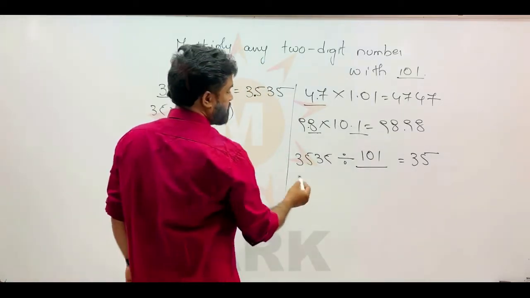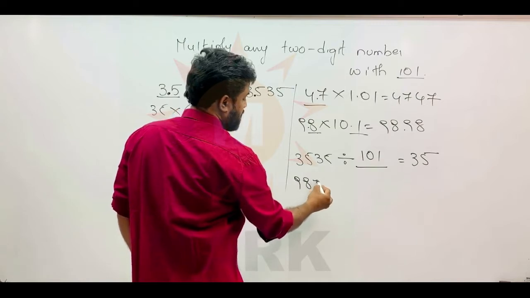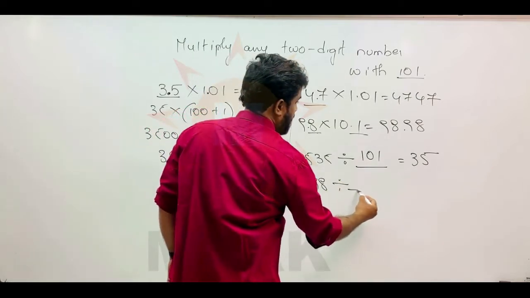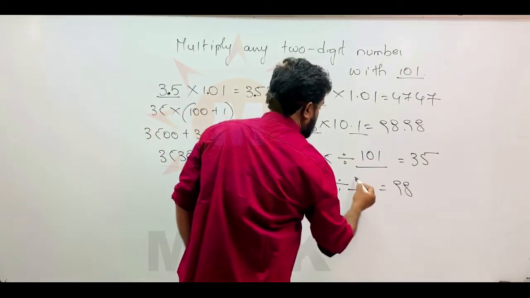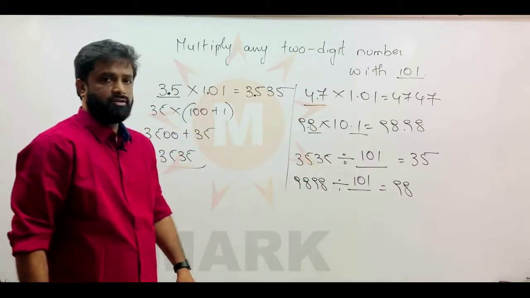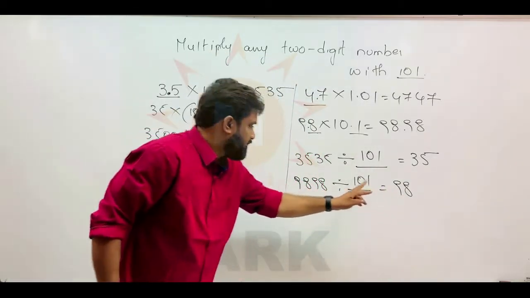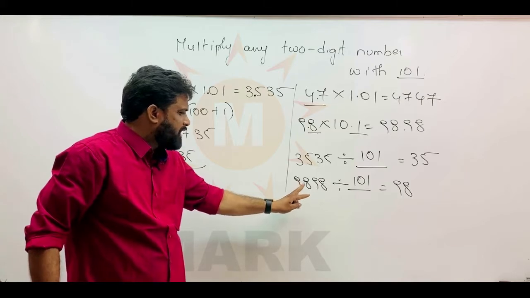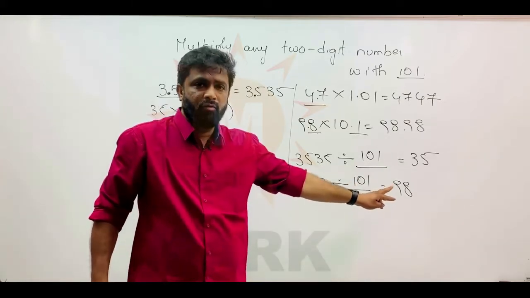Suppose they ask 98 divided by dash is 9898, obviously the number is 101, because the two-digit number is repeated two times here.